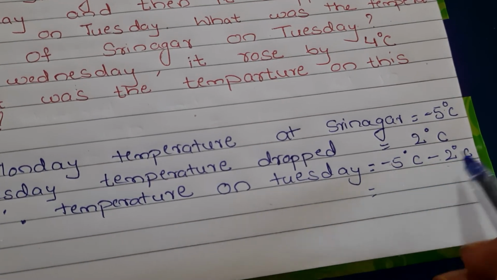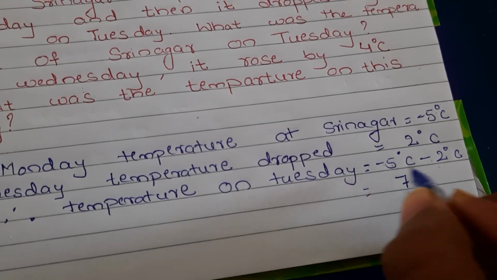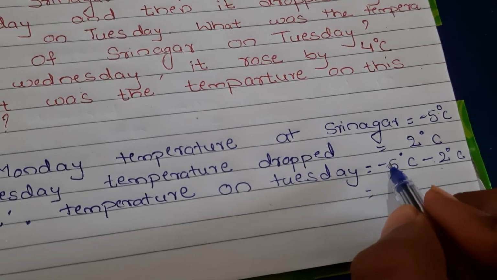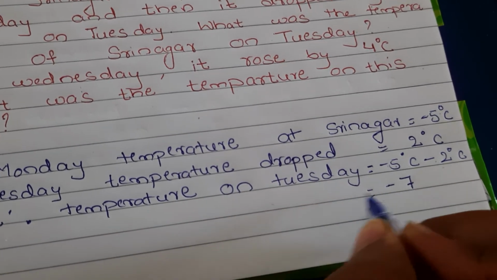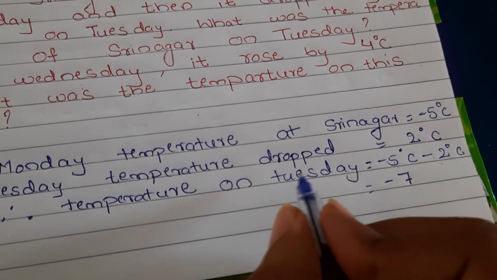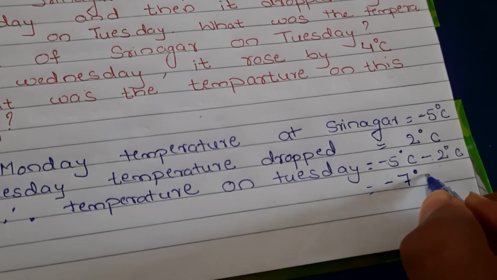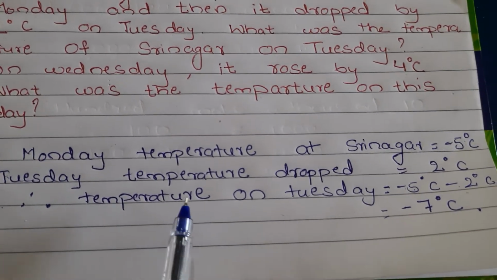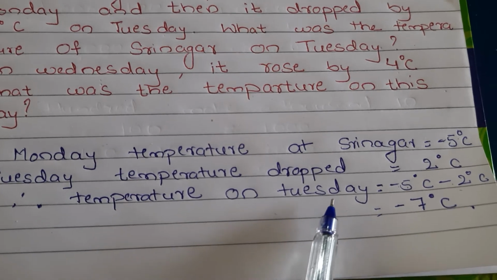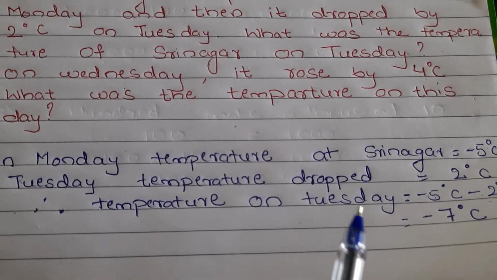So both signs are same. 5 plus 2 is how much? 7 degrees Celsius. In that, which one is the bigger number? 5. That has which sign? Minus. So the temperature on Tuesday is minus 7 degrees Celsius. Now we got the temperature of Tuesday. Now we have to find Wednesday's temperature.